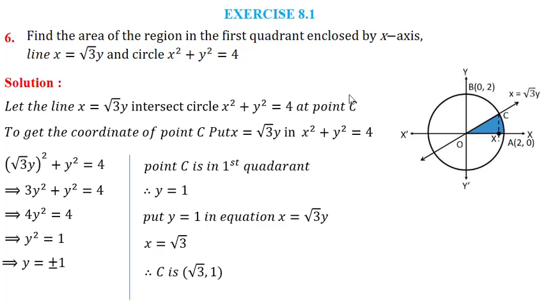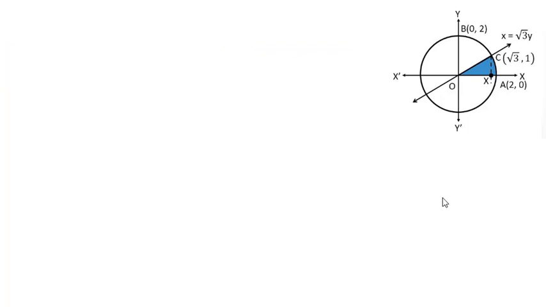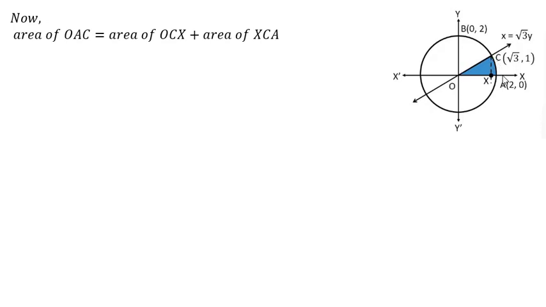So here we have the coordinate of point C. Now I will find the area. So the area of OCA will be equal to area of OCX plus area of XCA.